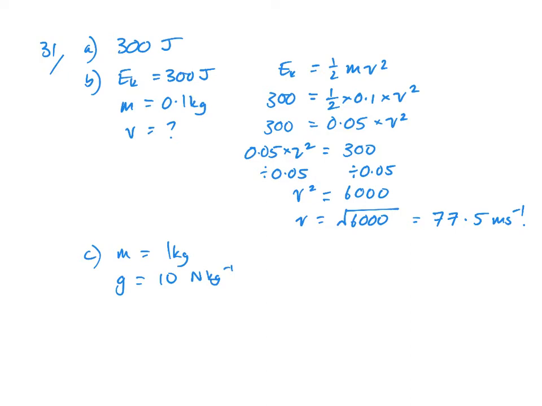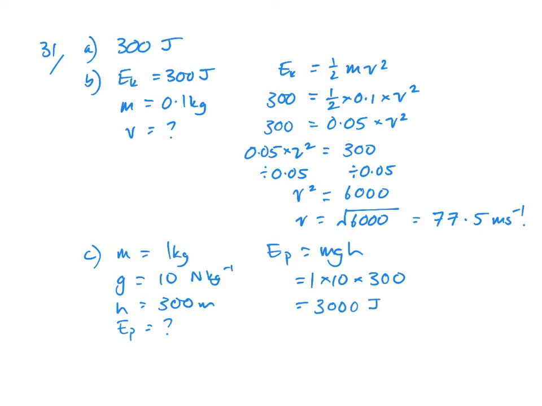And the height of the Eiffel Tower is 300 metres. This is fairly straightforward. We're being asked potential energy. So EP equals mgh equals 1 times 10 times 300. And that gives us the EP. It's 3,000 joules. Underline final answers, just to make it clear.